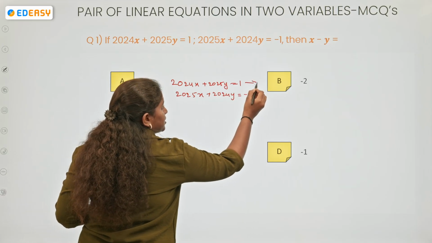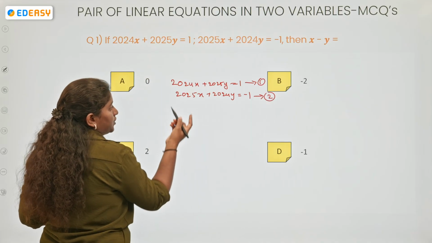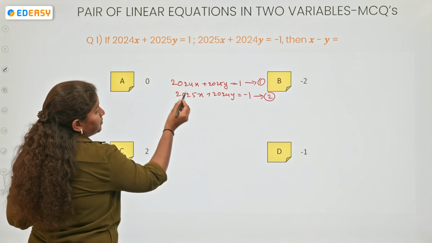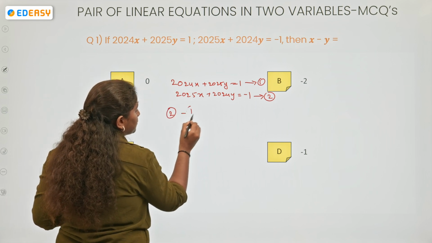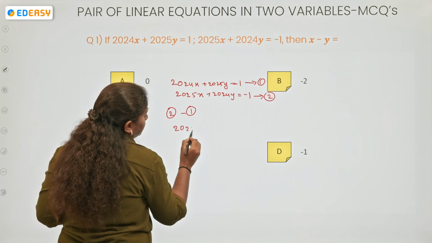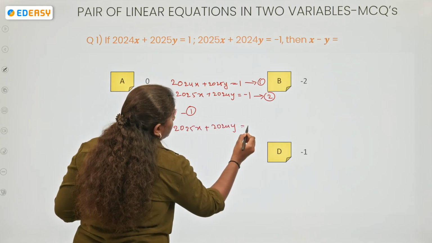Now this is my equation 1 and this is equation 2. Let's do 2 minus 1 because 2025 minus 2024 will give you 1. So equation 2 minus equation 1. 2025x plus 2024y equals to minus 1.